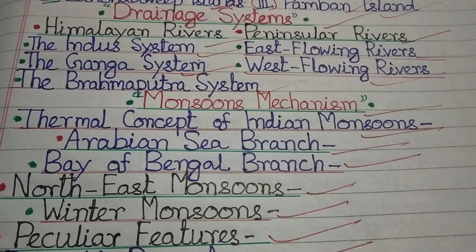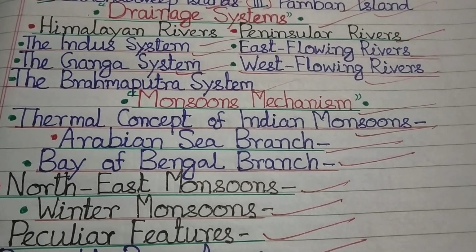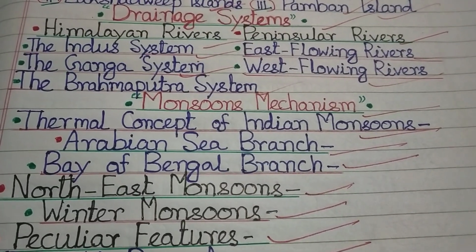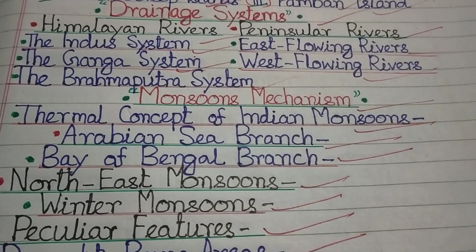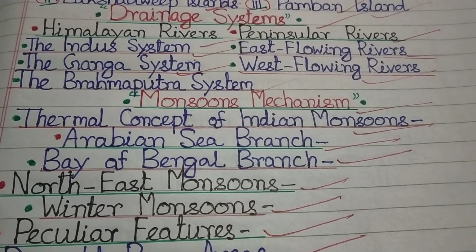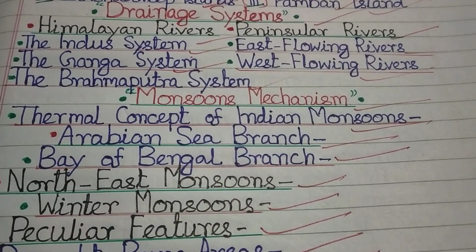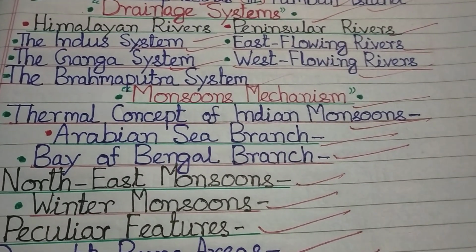The east flowing streams have deep valleys and graded courses throughout, while the west flowing ones are swift and have narrow valleys. Overall, the peninsular rivers have straight and generally linear courses.